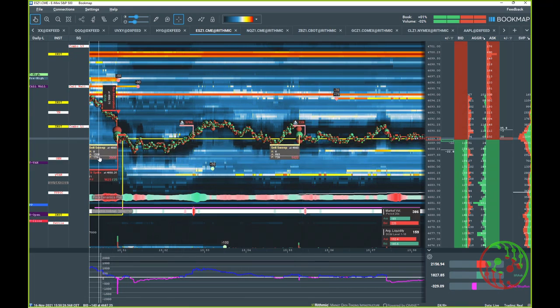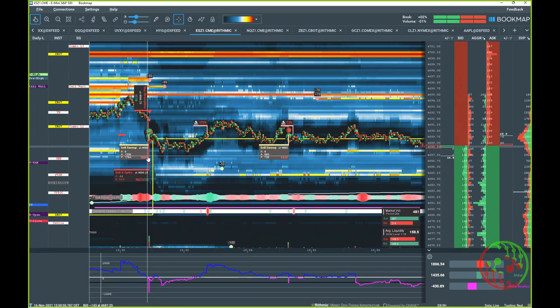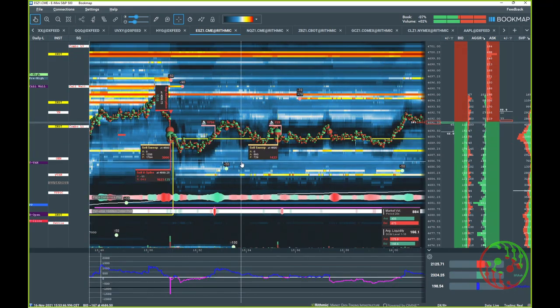That means, let's say, that's the same institution, same guy. Now he is short 1,900 contracts. He is now short 1,900 ES E-mini futures contracts.